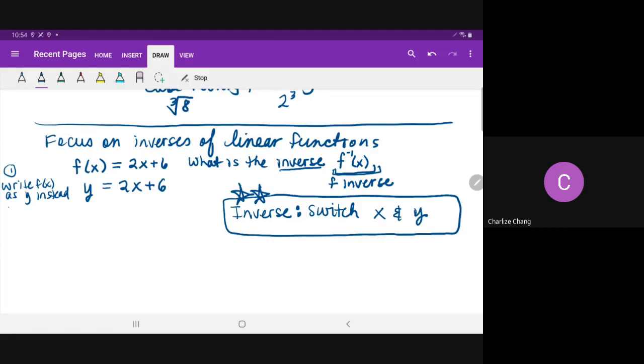Now, step number 2 is to find the inverse. That means you switch the x and the y. When you switch the x and the y, you don't bring the numbers with them. You really are just cutting out the y, and your new letter is x. You're leaving the 2 where it is, you're leaving the plus 6 where it is, but you're exchanging the x for the other letter, which is y.